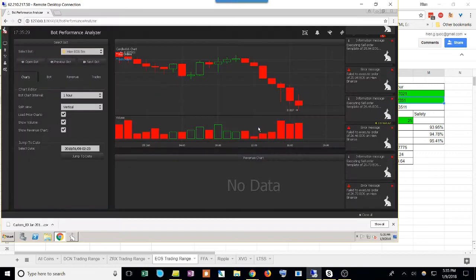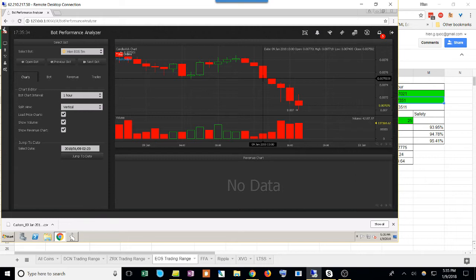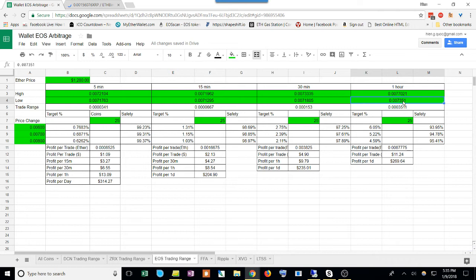Let's see here. 77021. 75039. Okay. 7721. So it's a little bit of a bigger move here. Numbers are looking congruent. 1 day, 152. 1 hour.